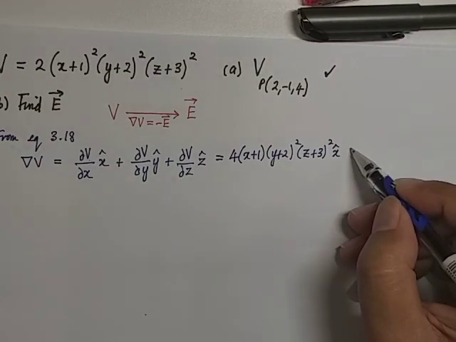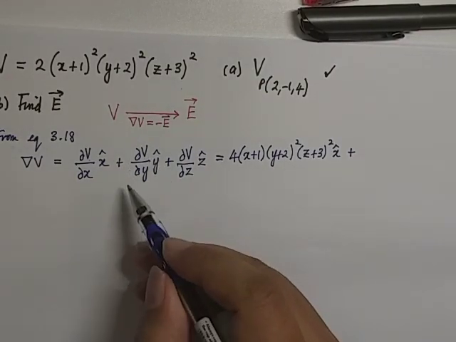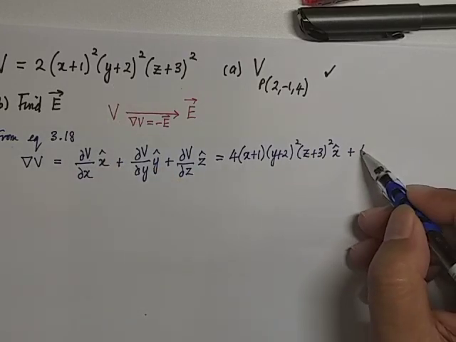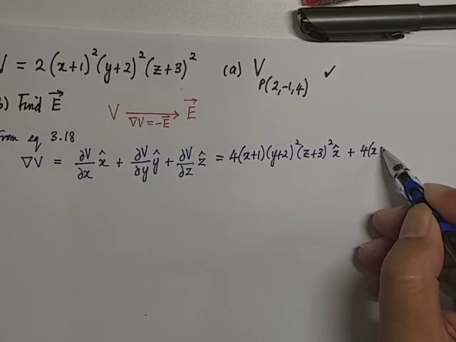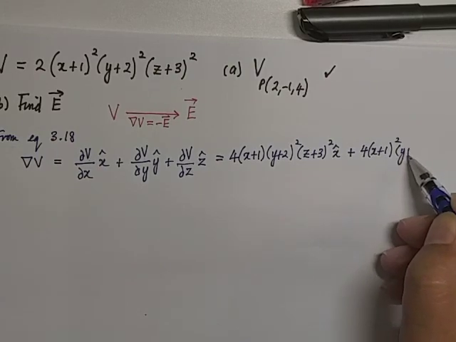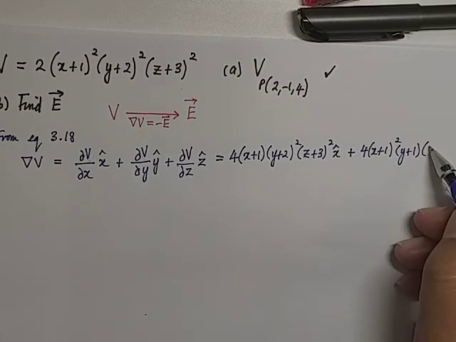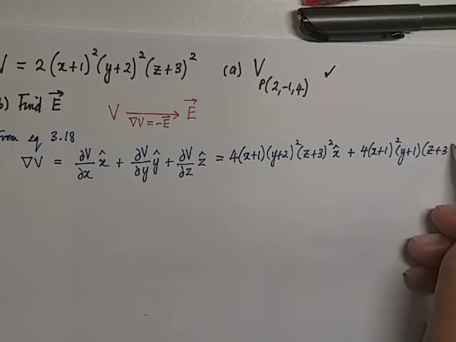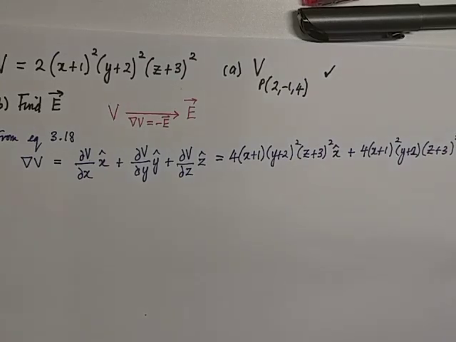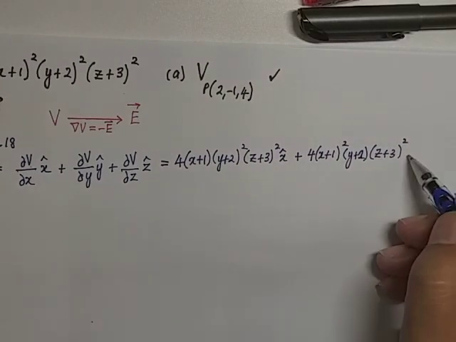Then you repeat for the second differentiation with respect to y: 4 times (x+1) squared, (y+2), (z+3) squared, and please don't forget to add the direction y.